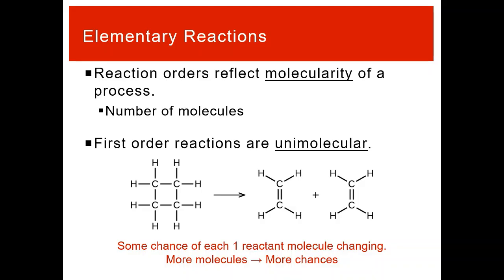You could imagine it bounces around, kind of collides with something, and then that bond breaks, right? That bond breaks, the molecule's kind of flopping around, and all that really requires is this one molecule. You don't have to break bonds from anything else. You don't have to collide in a certain way with another molecule, just this one molecule. And so if there's some chance of each one molecule changing, more molecules means more chances. But that's why it's a unimolecular or first order process, just one molecule is participating.